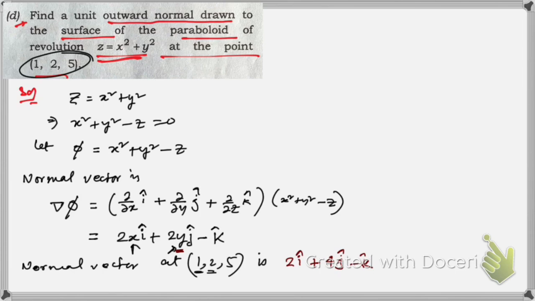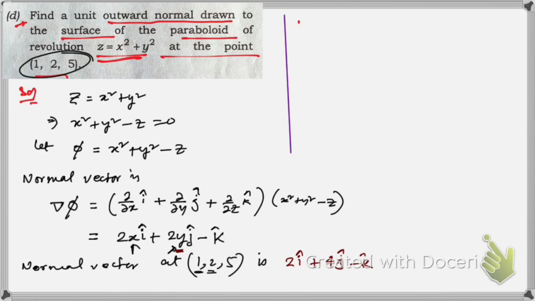Now let's find the normal unit vector. To find a unit vector, you have to divide the vector by its magnitude. That's how we get the normal unit vector, right?